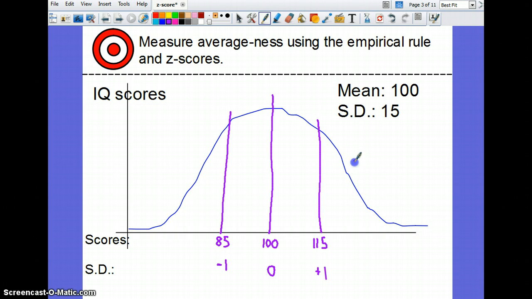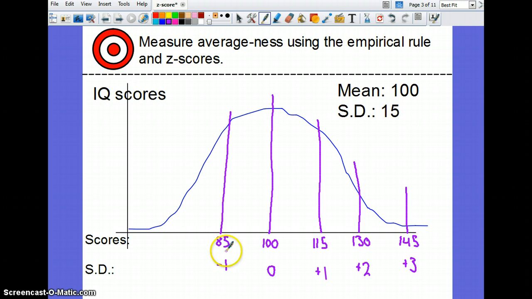Okay? Let's go out to this side. So here is 2 standard deviations above, so 100 plus 15 is 115. 115 plus 15 is going to be 130. So that's +2 standard deviations. Let's keep going while we're out here. So here's 3 standard deviations, so I just add 15 to this one. So it's going to be 145. That's at +3. Okay, to the other side.